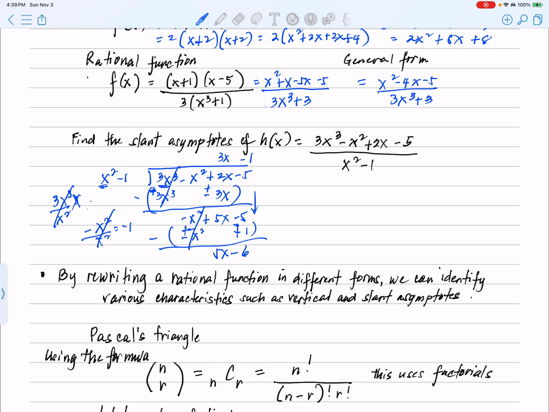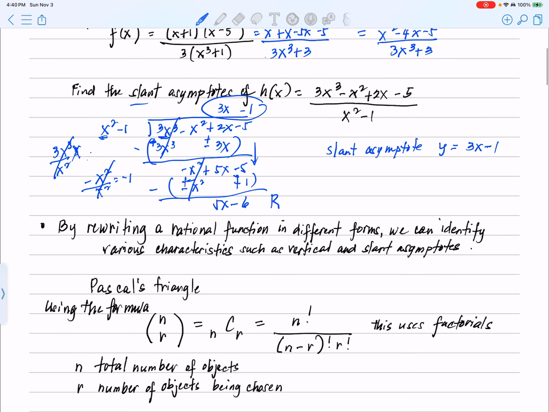This is the remainder. But for slant asymptote, we need only the quotient without the remainder. So in other words, the slant asymptote here would be y equals 3x minus 1.